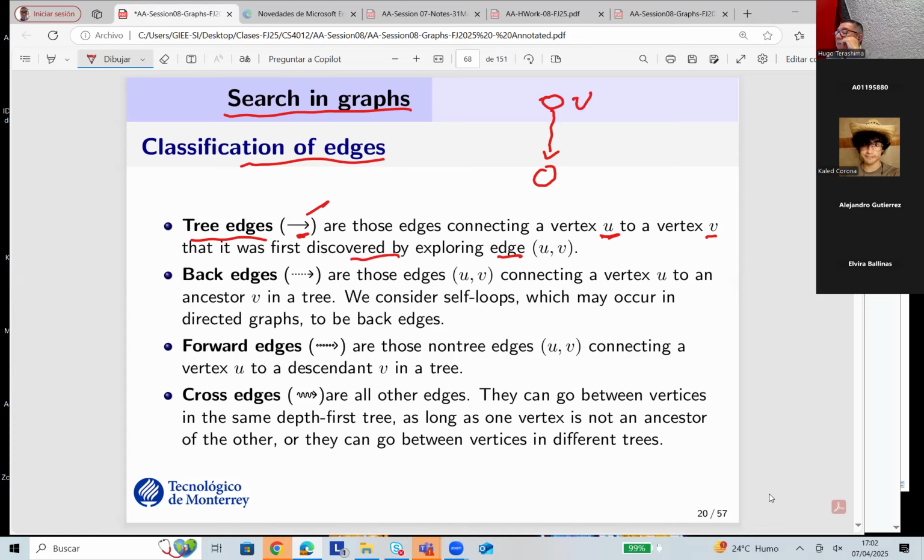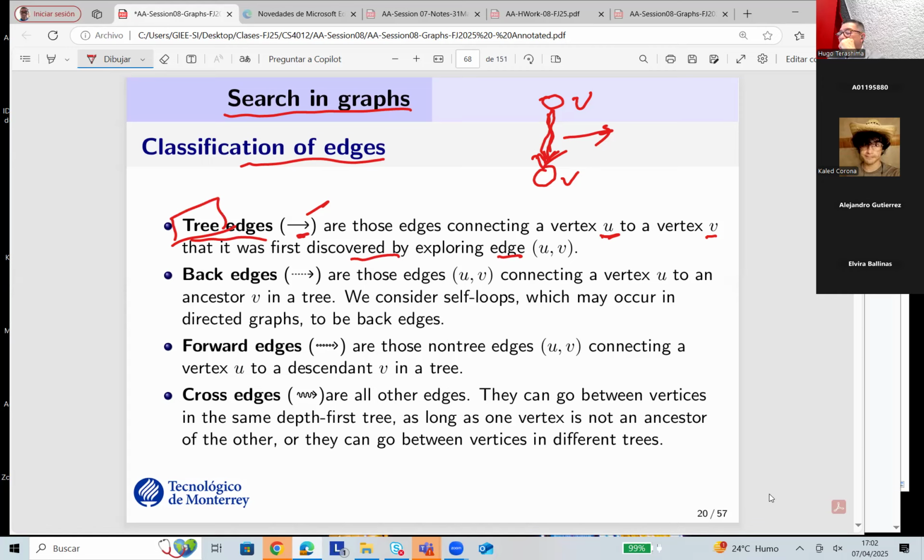So this is U and this is P. If you are traversing, searching, and you find for the first time this connection, this is going to be a tree edge, right? Because I'm forming the tree with these edges that I found for the first time. So this is called the tree edge.